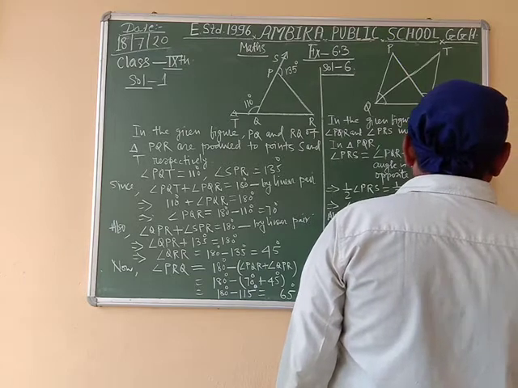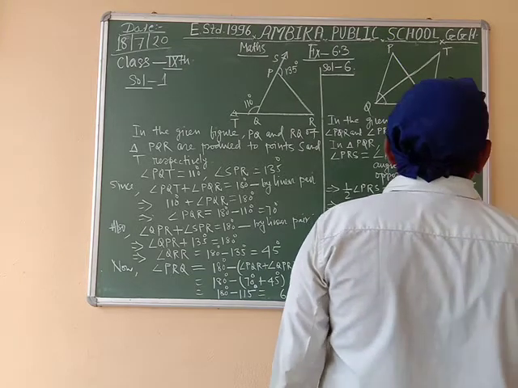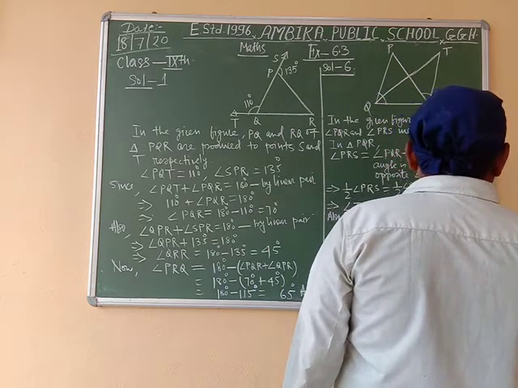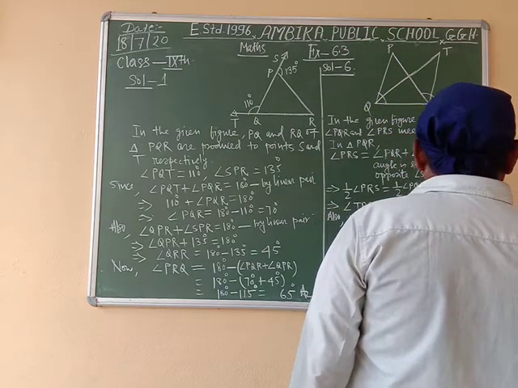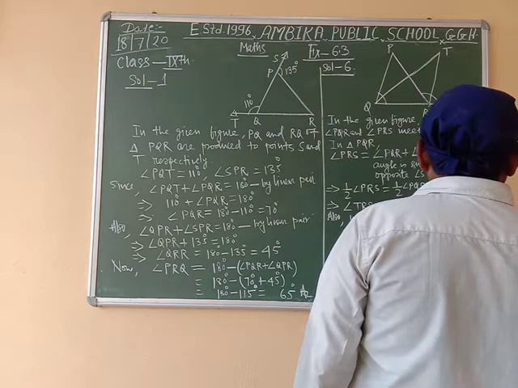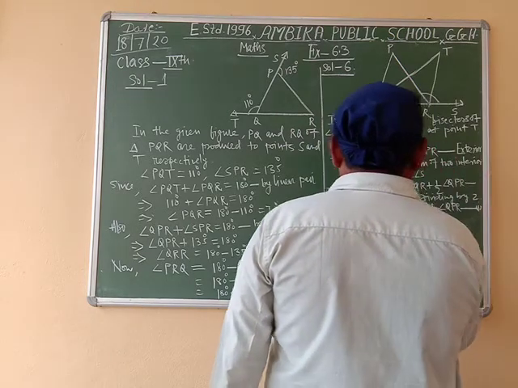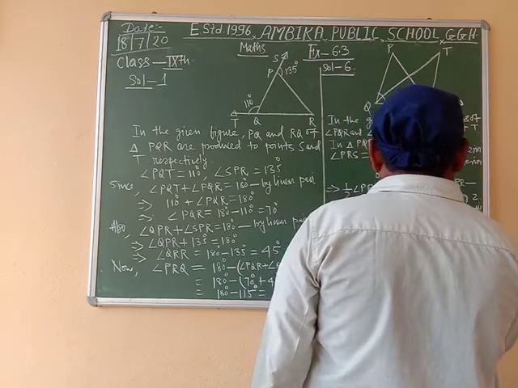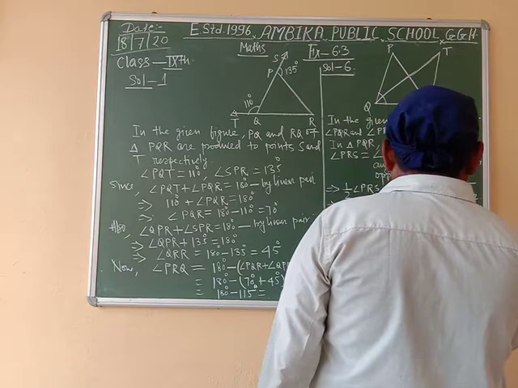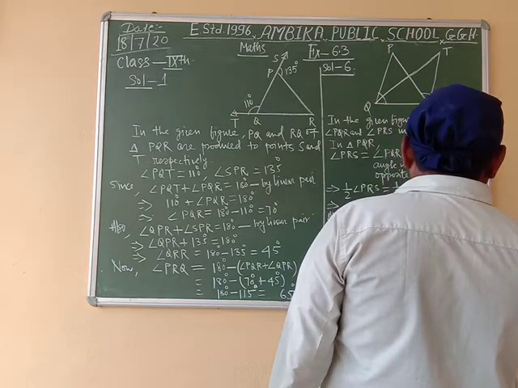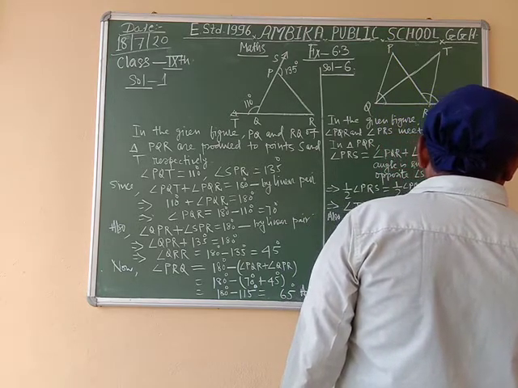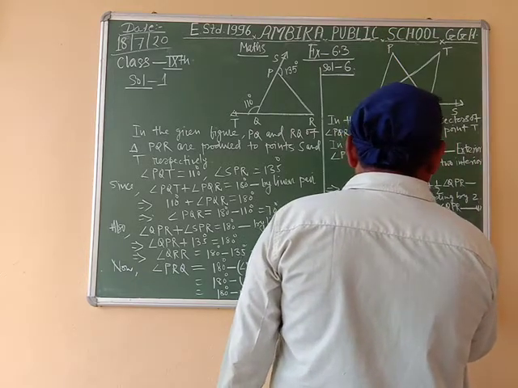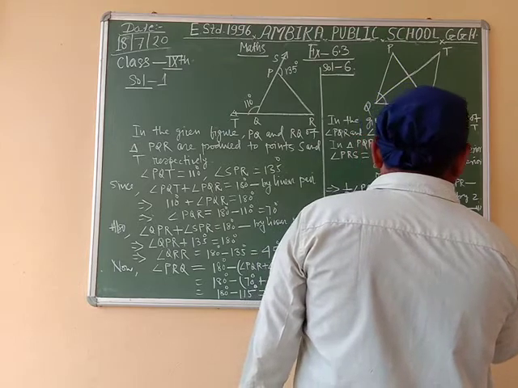The reason is the same: an exterior angle is the sum of two interior opposite angles.